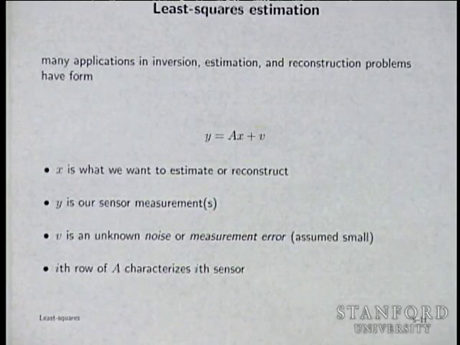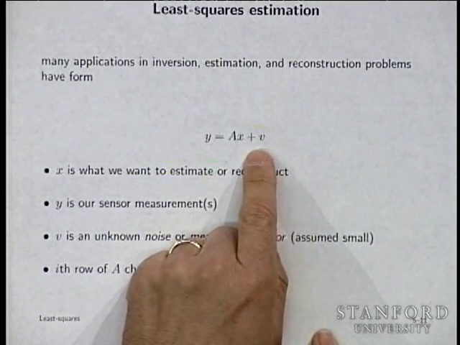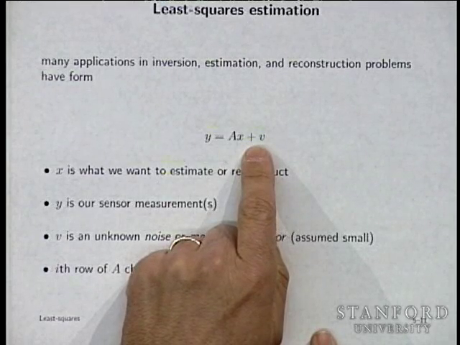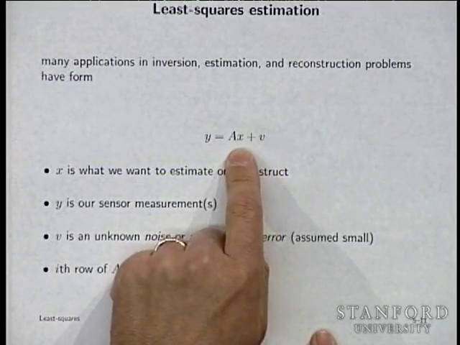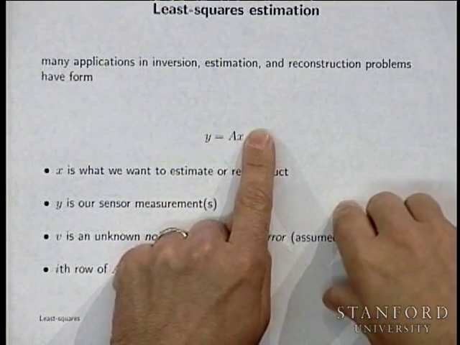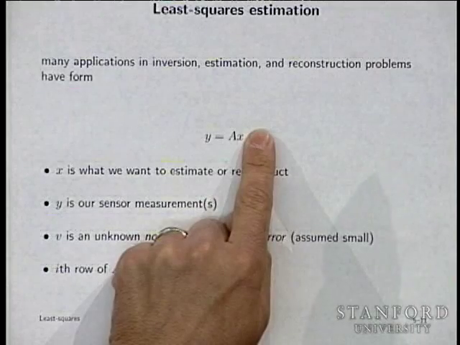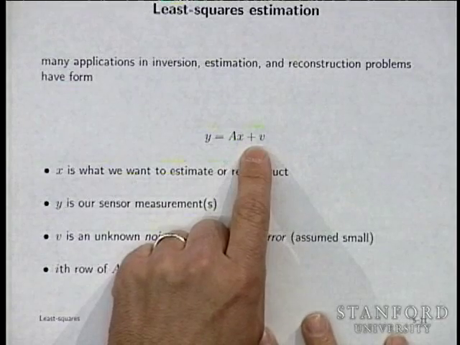I mean, that's kind of obvious, right? So you have to make some prior assumptions about what v is. And then actually, you're not going to simply get an x that exactly, well, you don't know what v is. If you knew what v is, you could subtract it from y, and you're back in the other case again. So if you don't know what v is, then you have no choice but to do something like best effort here.